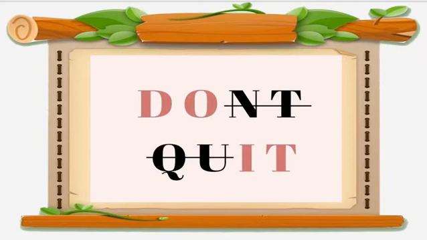Don't quit. Never quit anything. You can do it. So don't quit; when we cross out the letters, we make the new idiom: Do it. Anyhow, we do our work, and you can do it properly, all students.